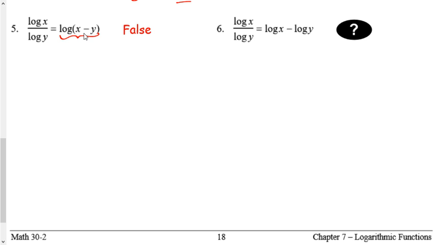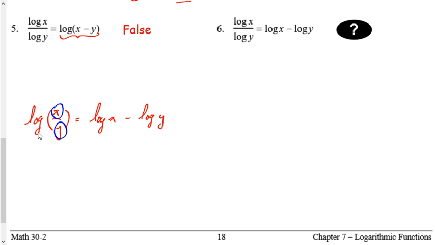The rule that we do have is that if I had the log of x divided by y, this would equal the log of x minus the log of y. Why is this true? Well, this is true because logarithms operate on powers. Here I have a power divided by a power. A logarithm is an exponent.